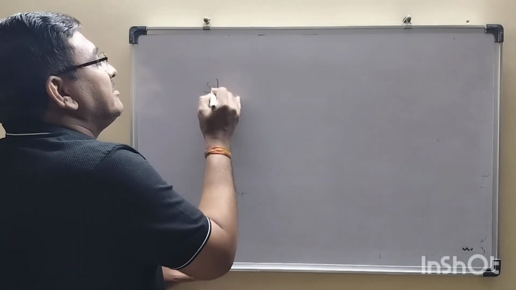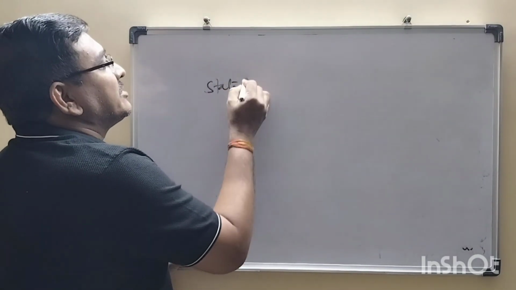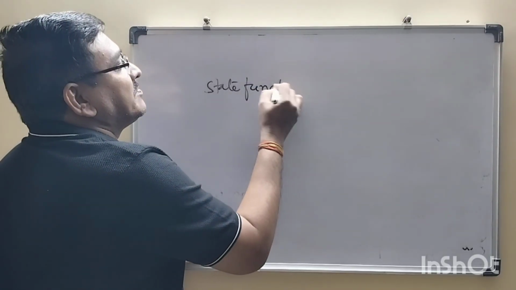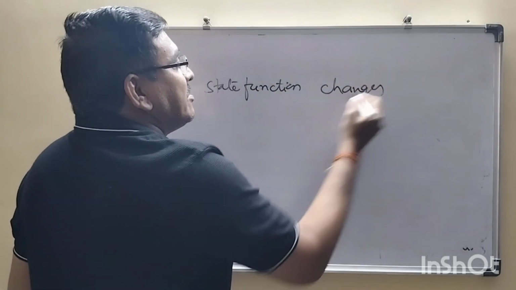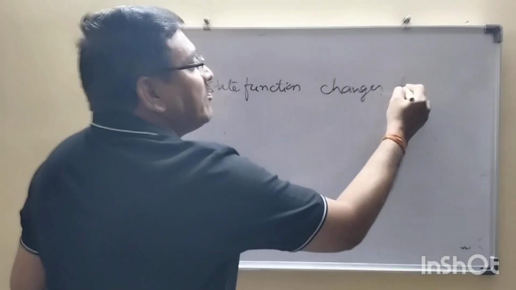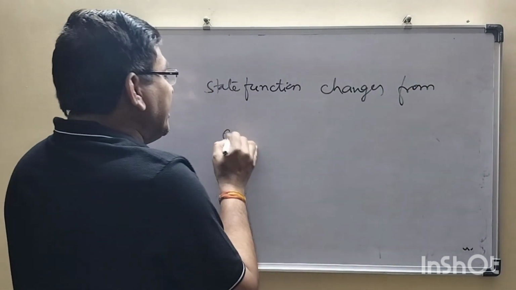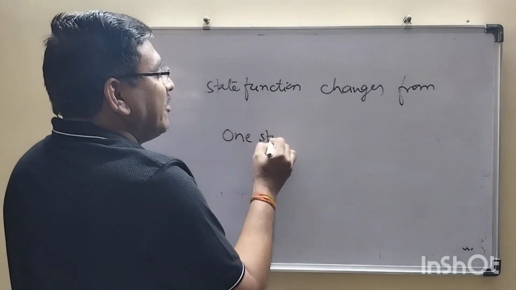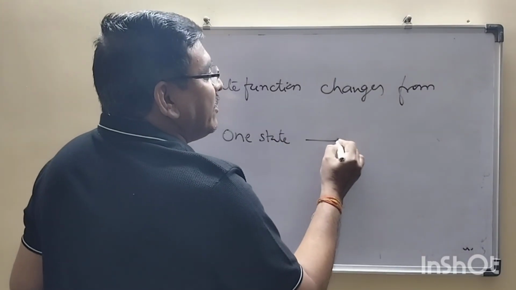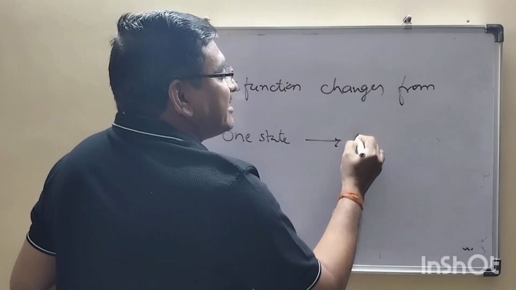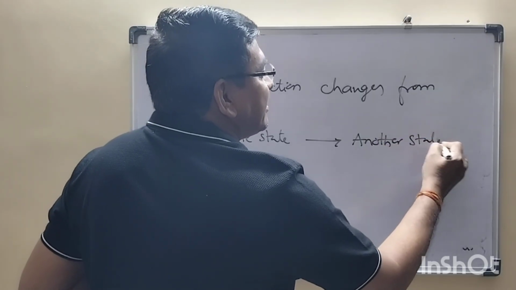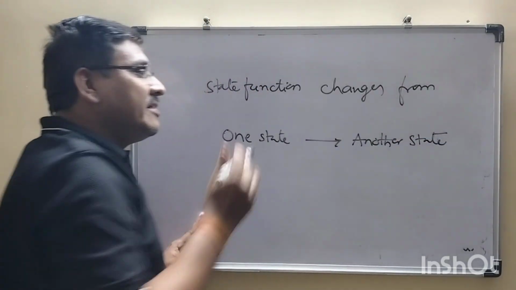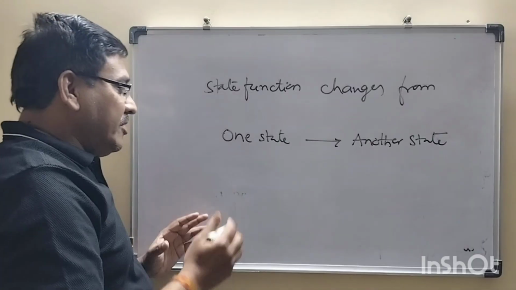A state function changes from one state to another state. Example, observe.